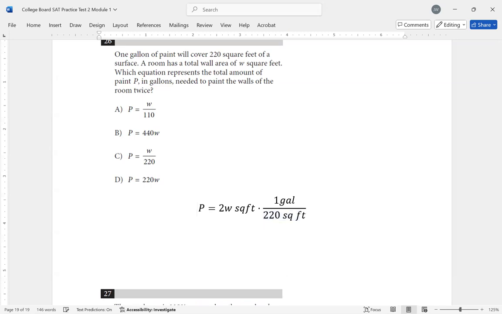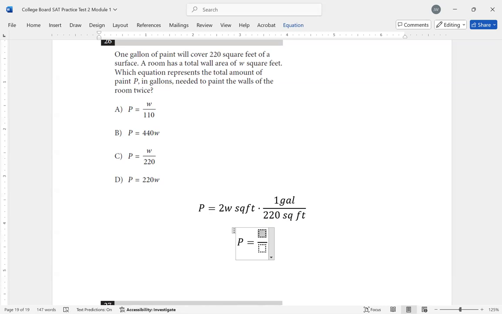So the amount of paint that I need is going to be equal to 2W divided by 220, or P is equal to W over 110.